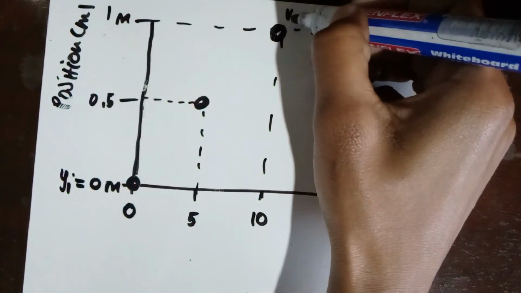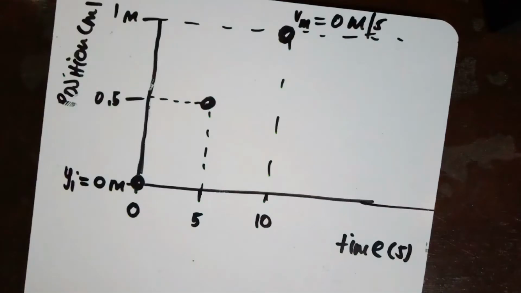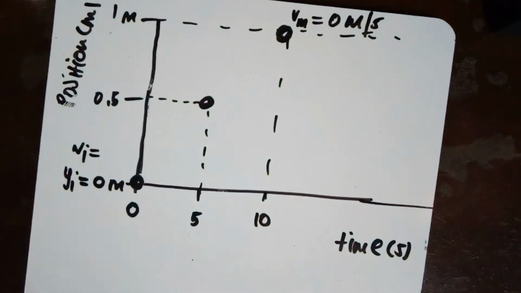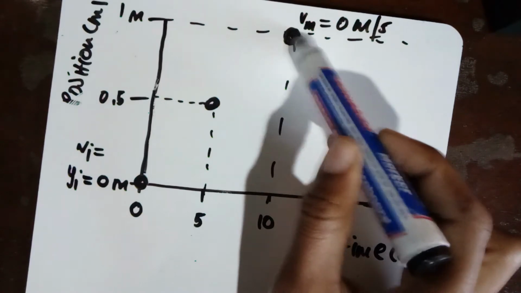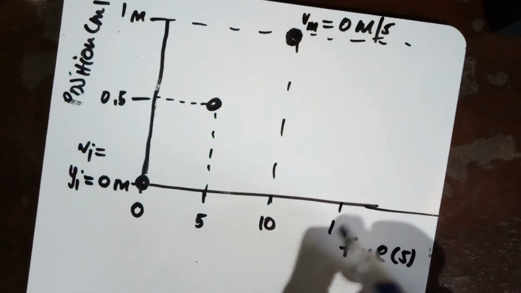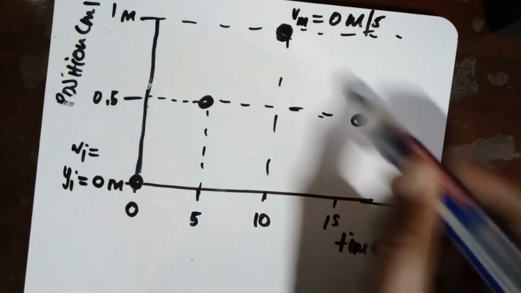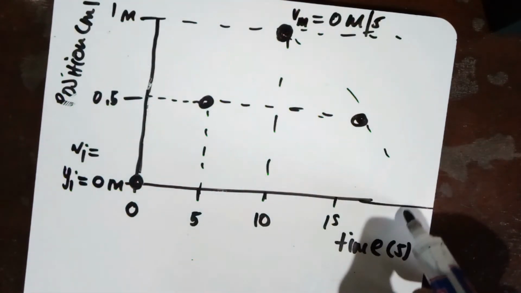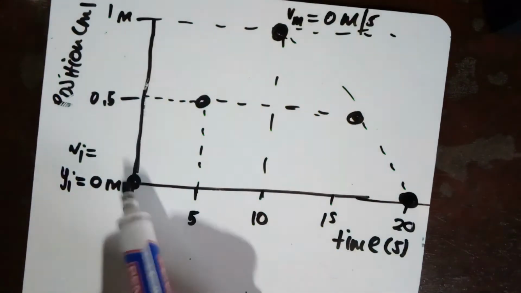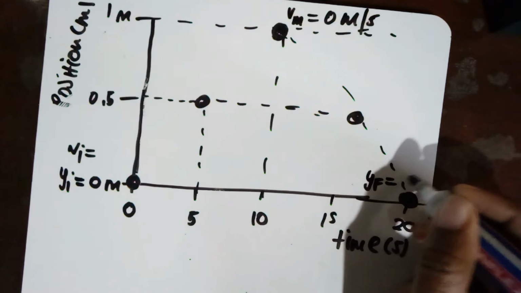Remember we said at the maximum height the velocity would be 0 meters per second. We don't know what the initial velocity is. It reaches that height, and then it starts coming downward. After another 5 seconds, at 15, it's at the same position, 0.5 meters, and finally at 20 seconds it returns to the position where it was launched. This would be yf, which is also 0 meters.